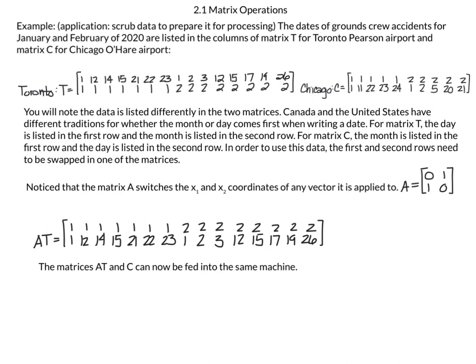And so notice that this matrix A switches x1 and x2 coordinates of any vector that it is applied to. So A times T gives you this matrix, and so now the data is in the same form, and matrix AT and C can now be fed into the same computer program or same machine.